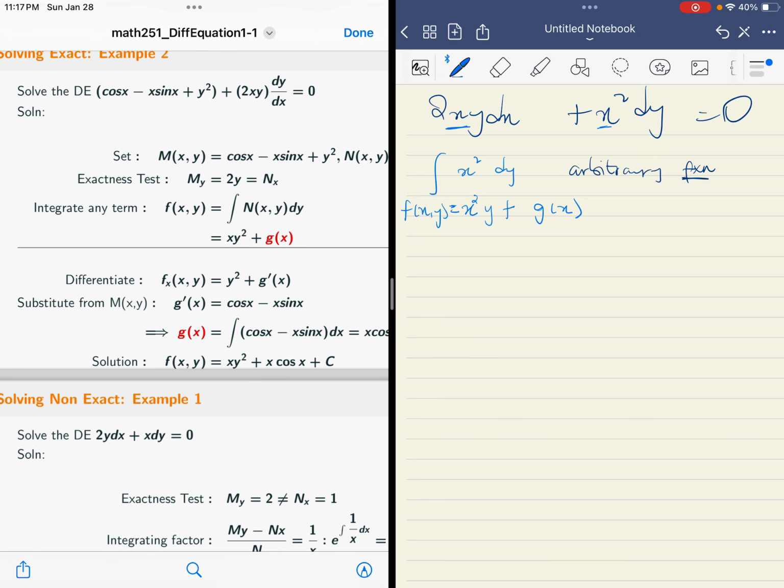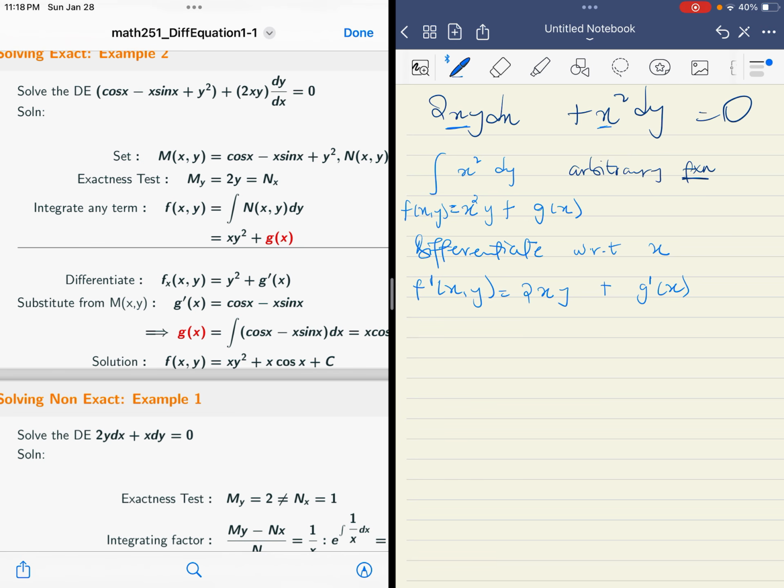Now we need to find g of x. What do we do? We differentiate with respect to x. Okay, so we will have f prime of x y equals 2xy plus g prime of x.